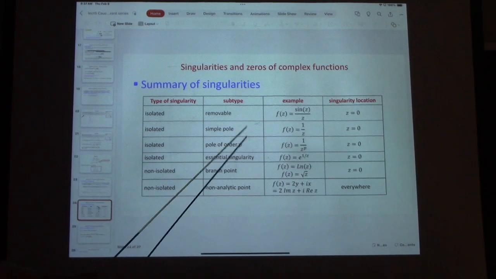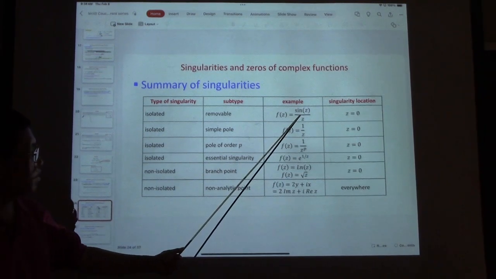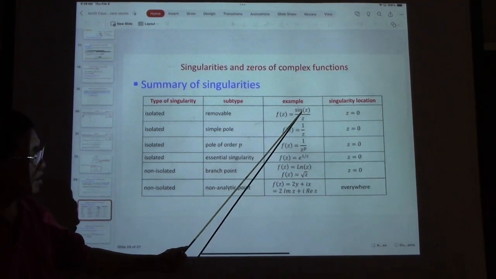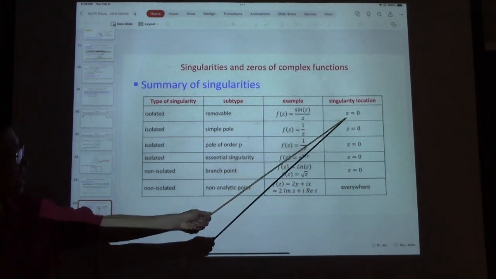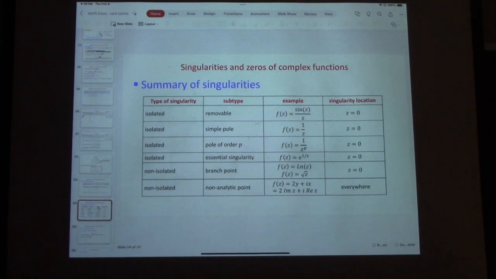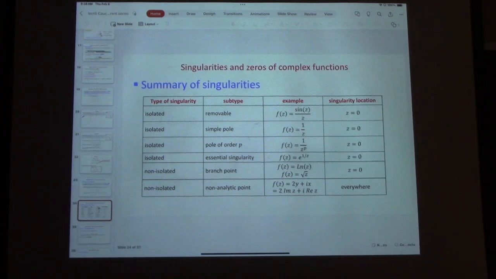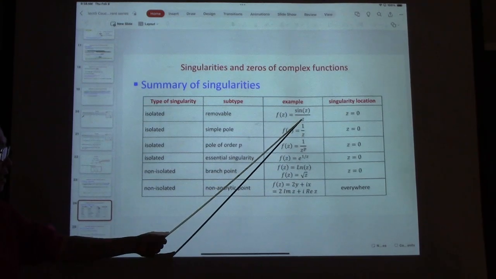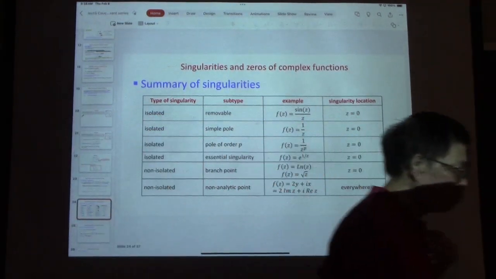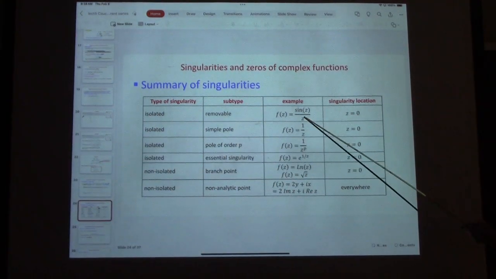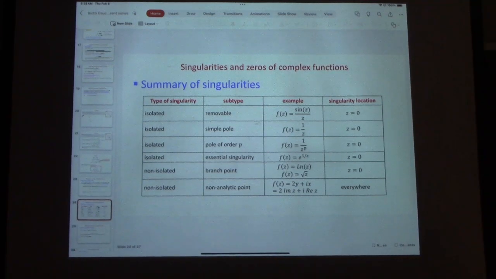Therefore, why not just define the function everywhere else as itself, but at 0, exactly that point, we just define the function value as 1. And it turns out the whole thing is so smooth, as if there's no hole there. Okay? So that's removable. We learned that in real analysis too.